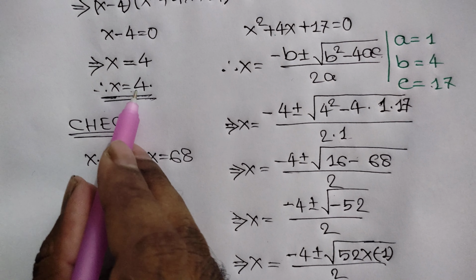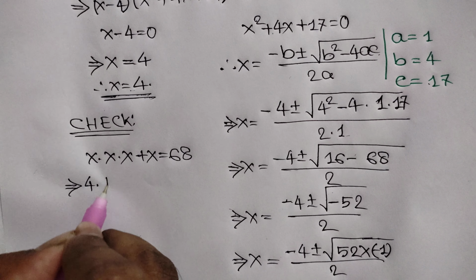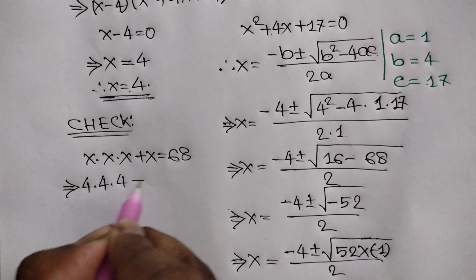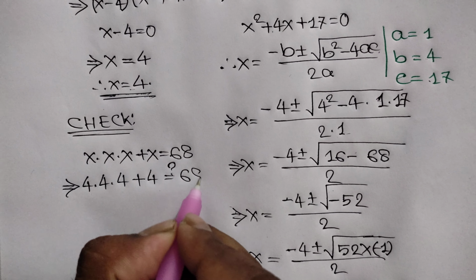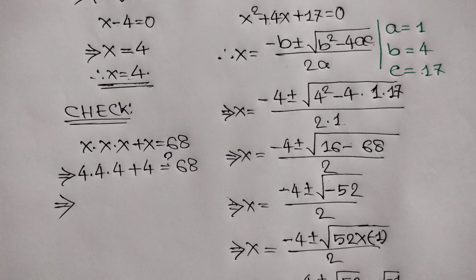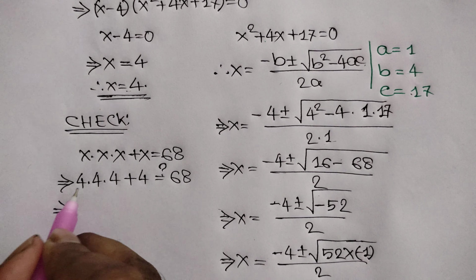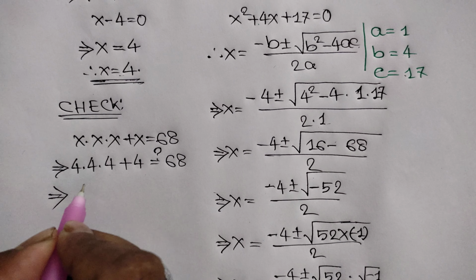Here x is equal to 4, so we can write 4 times 4 times 4 plus 4, is it equal to 68? 4 times 4 is 16, 16 times 4 is 64.